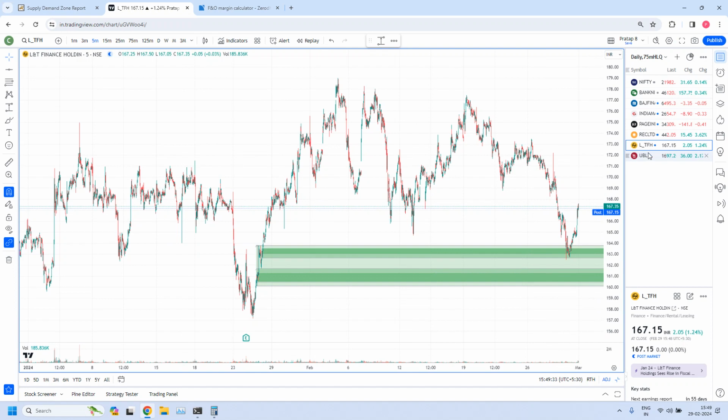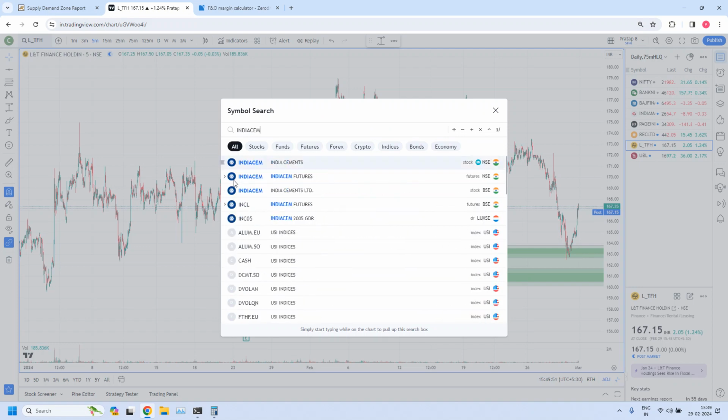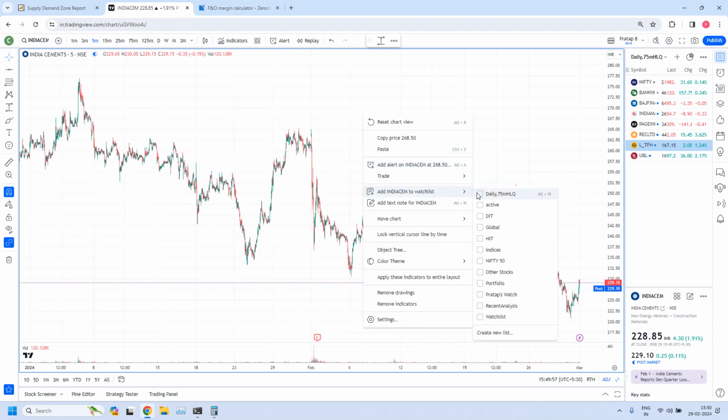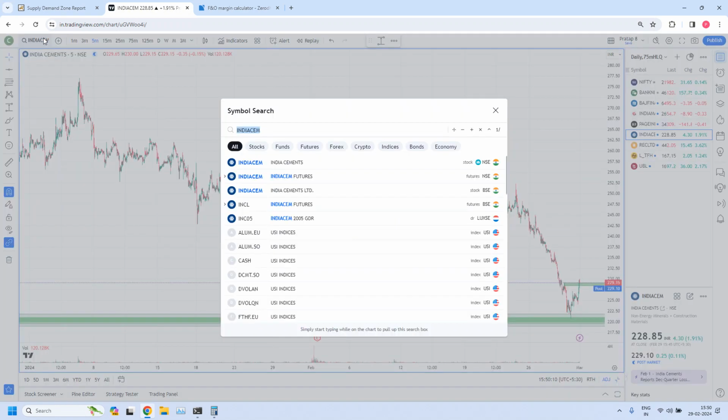One more we missed: Indigo also we did not add to the watch list. What about India Cement? And Indigo.